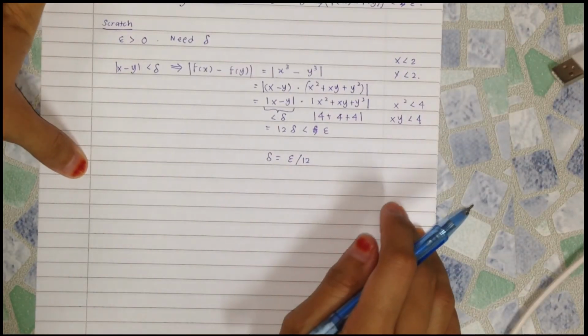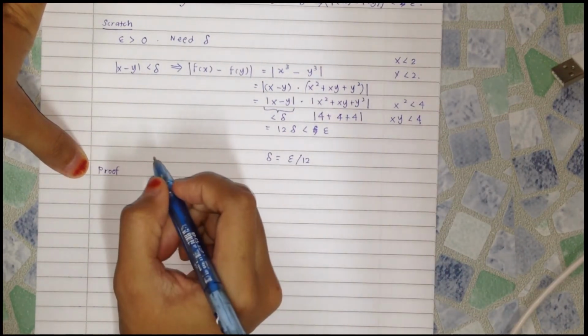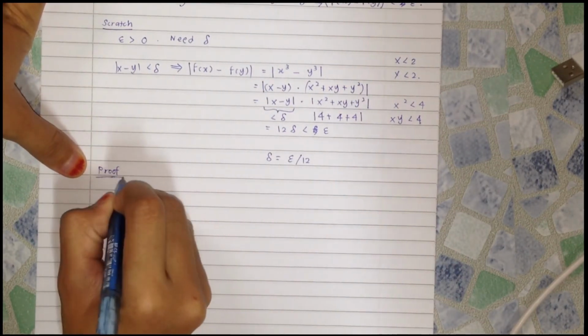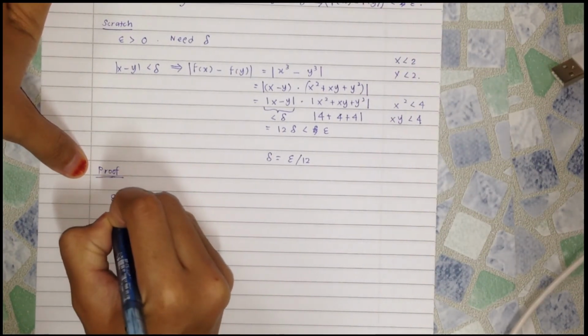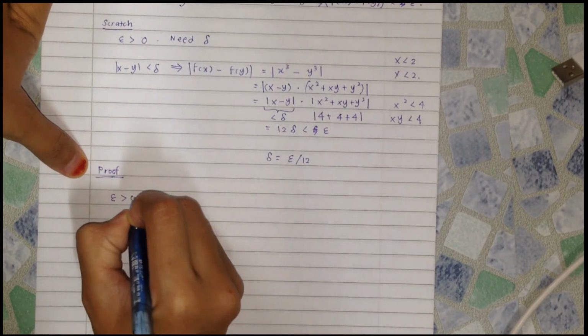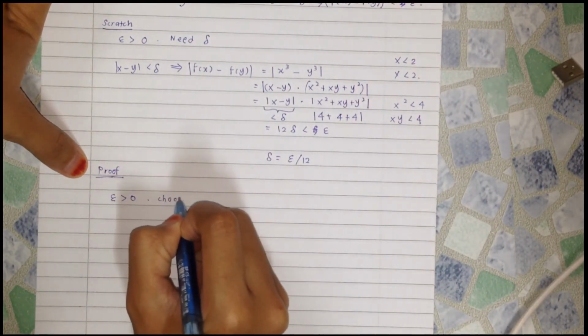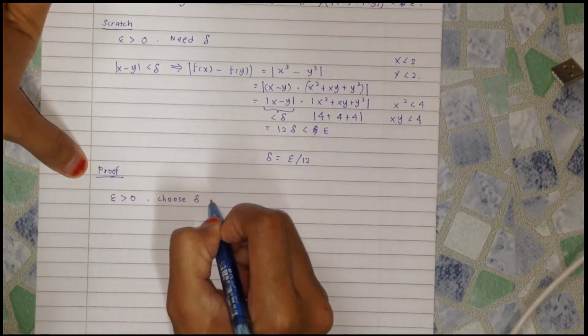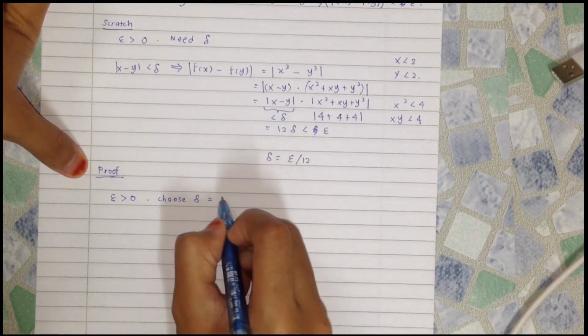So for the proof, we will start by letting epsilon be greater than 0, and then we will choose our delta to be equal to epsilon over 12.